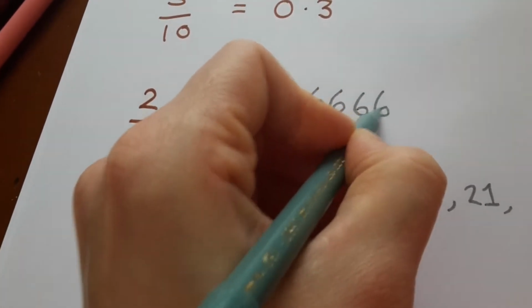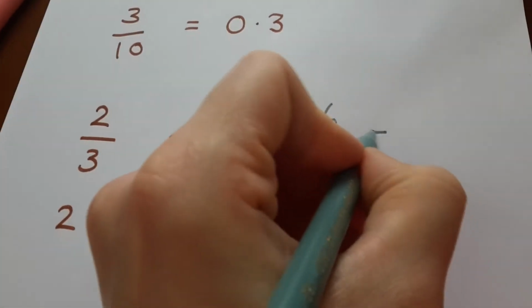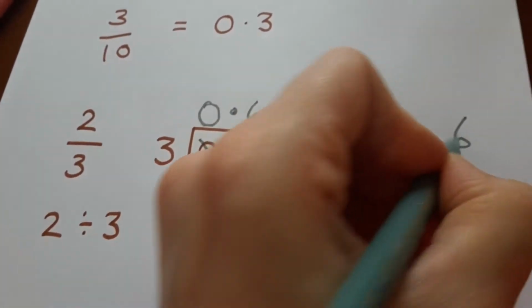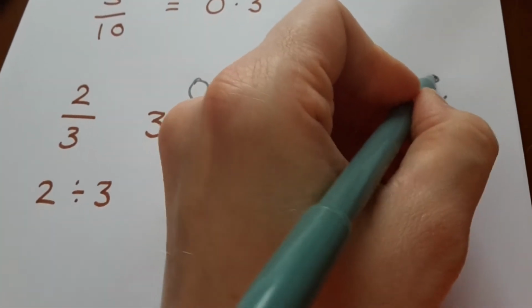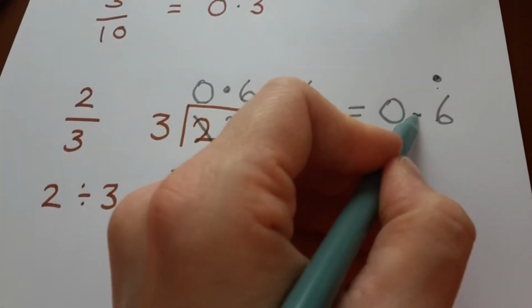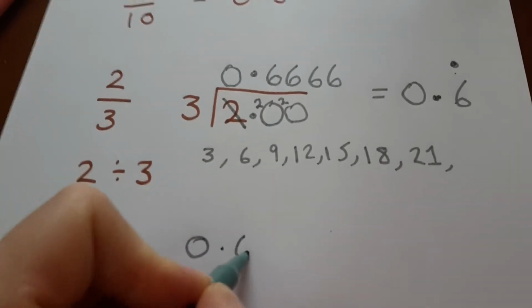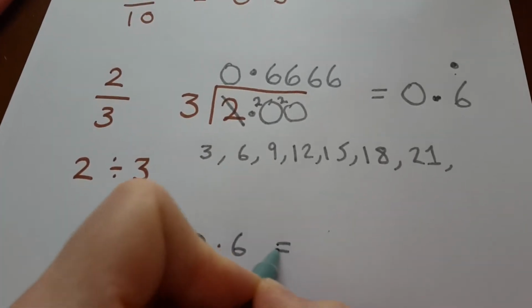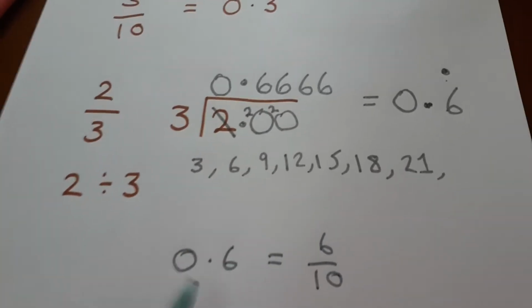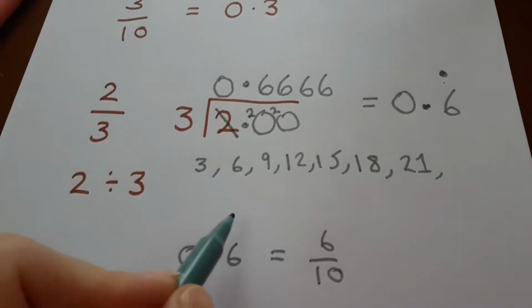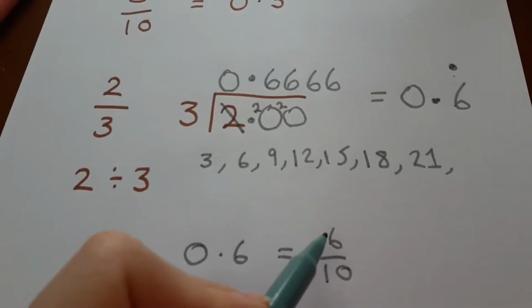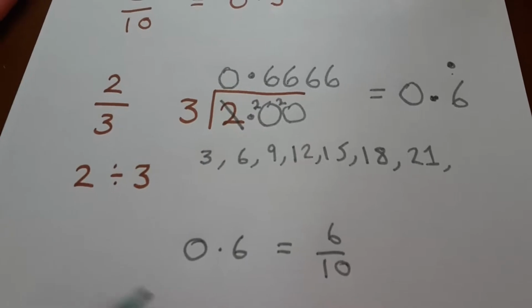So I could just keep going forever and I end up with 0.6 recurring. Remember that, 0.6 recurring is 2/3, but 0.6 terminating is 6/10 because we have a 6 in the tenths column. So we have 6/10.